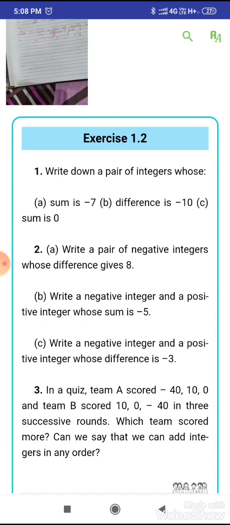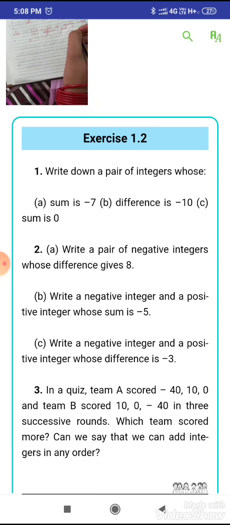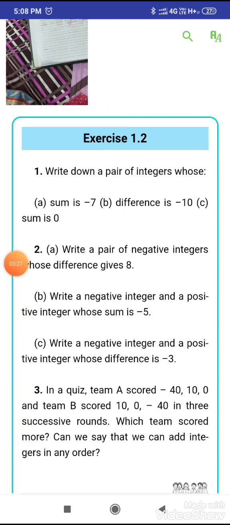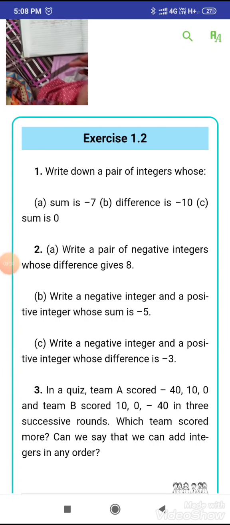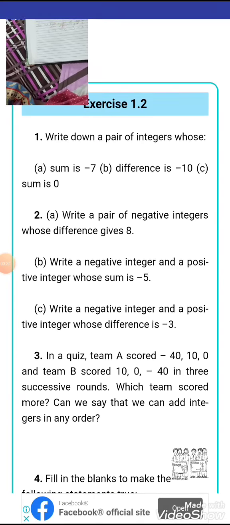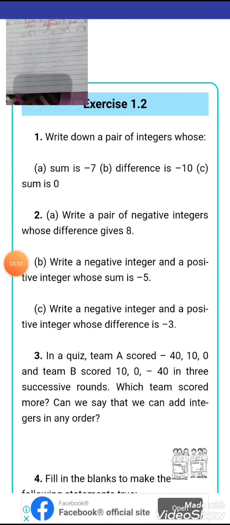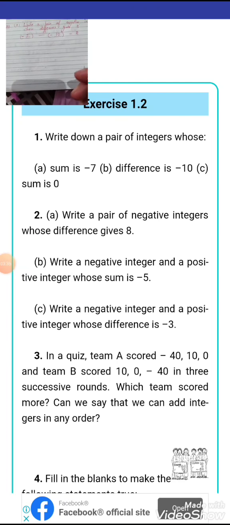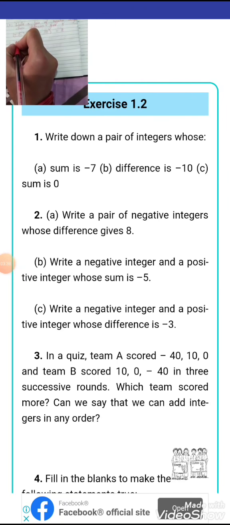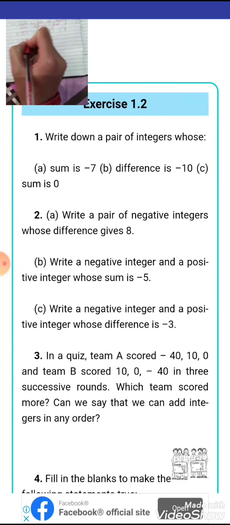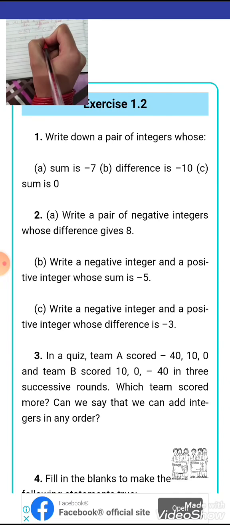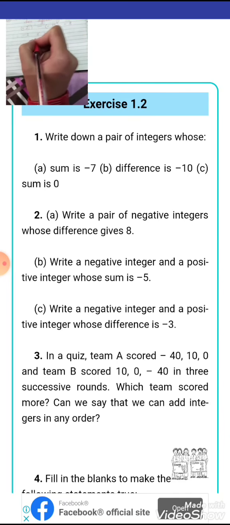Now think about the numbers whose difference gives us 8. The numbers are minus 2 and minus 10. If we solve this, minus 2 minus (minus 10), that is minus 2 plus 10, and our answer is 8.